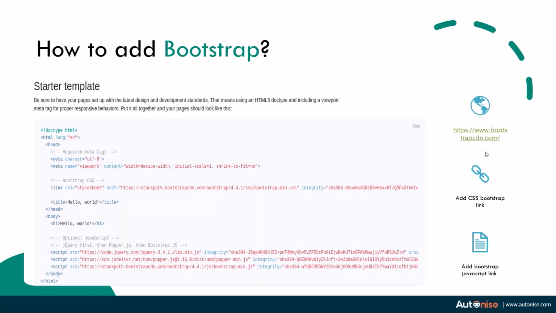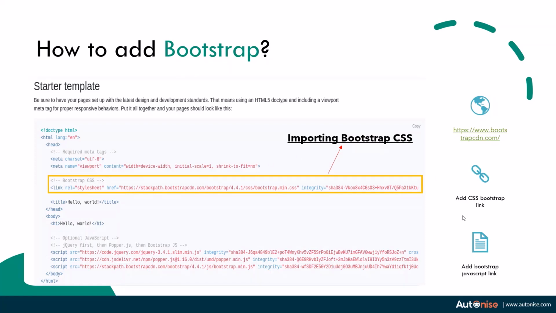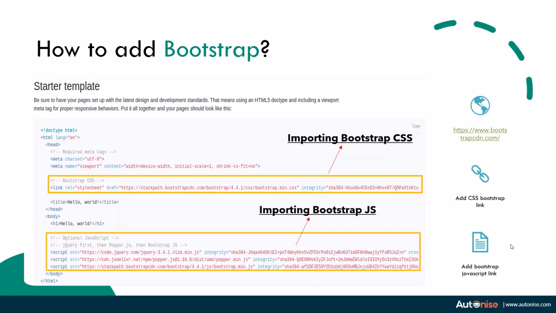Next, we copy the links which are already present over there for the CSS library and then we paste it over here. Next, we import the Bootstrap JavaScript link and we place it inside the body. So this is how we import Bootstrap.